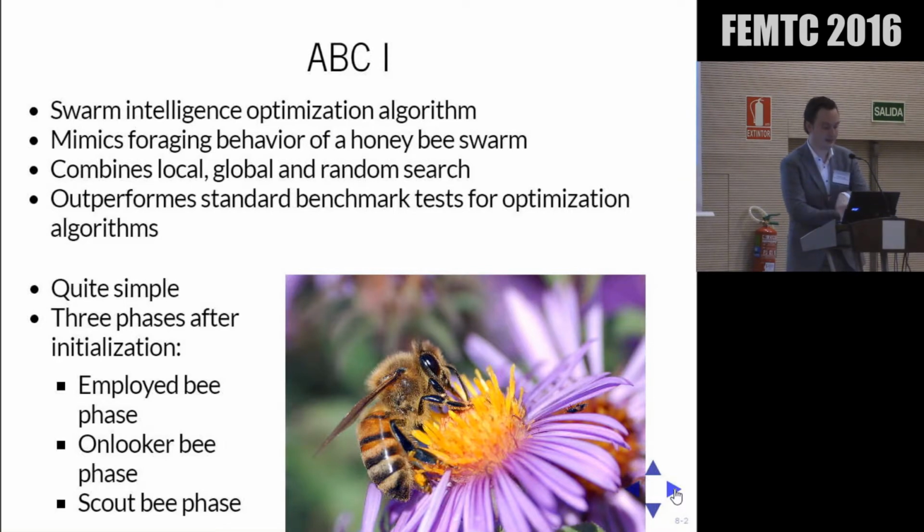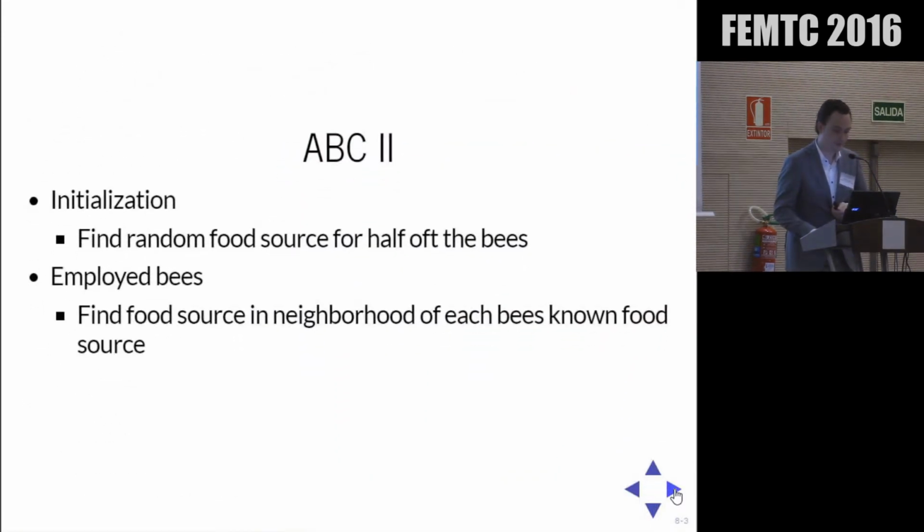It has, after the initialization, 3 phases: an employed bee phase, an onlooker bee phase, and a scout bee phase. In the employed bee phase, there is found a food source, which means, in our case, input parameters, for half of the bees that were there in the neighborhood of other known food sources.